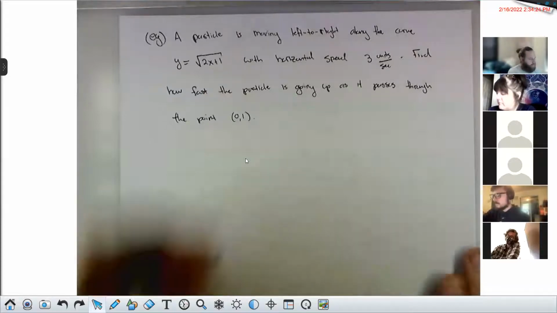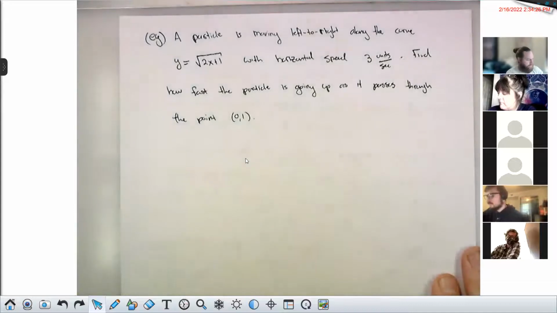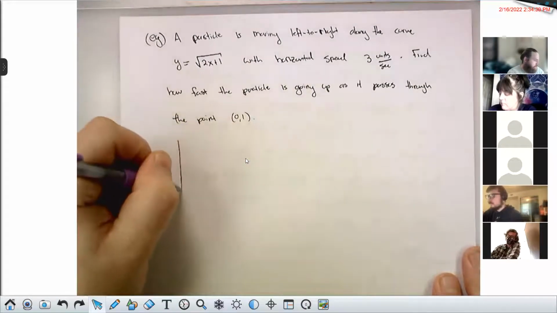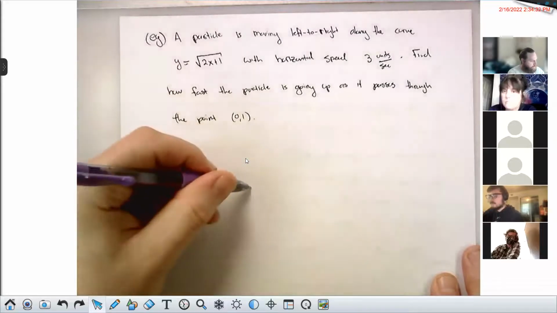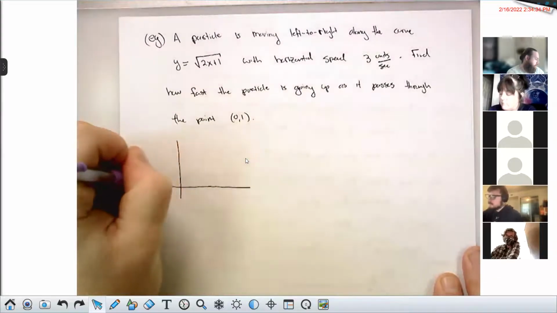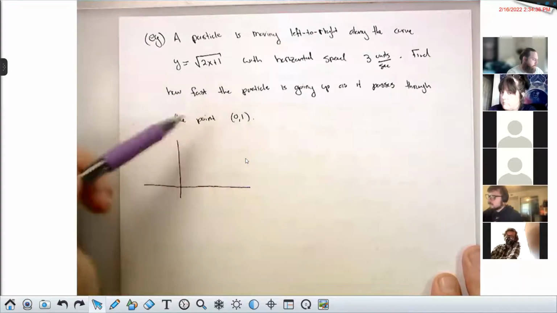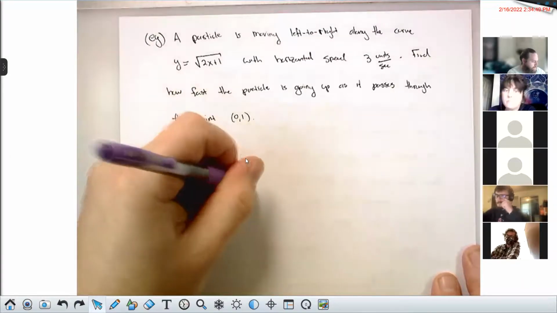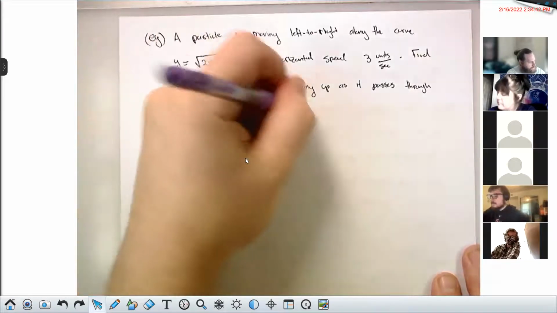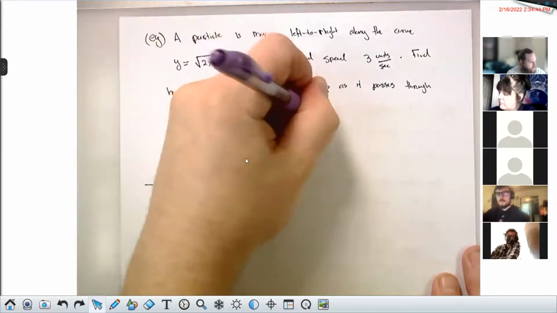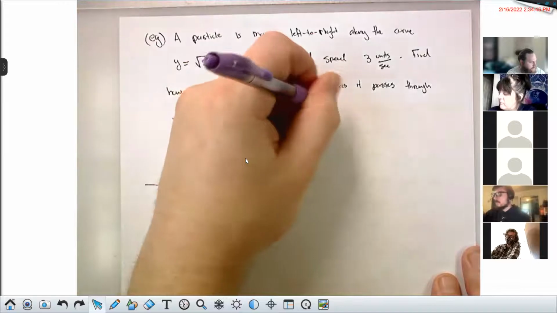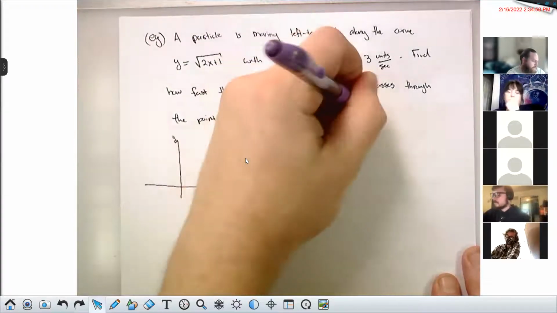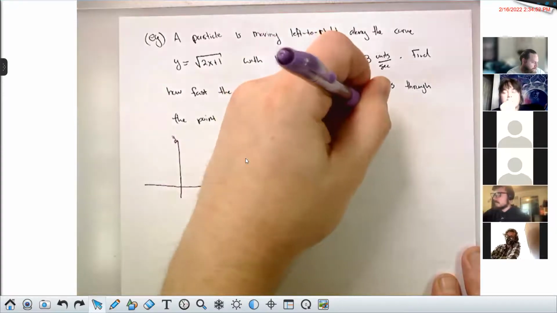There are some variations on this problem, but this is not a strange one. The square root of 2x plus 1, if you want to think about this graph, you can graph this by hand by factoring a 2 inside, and that becomes x plus 1/2.